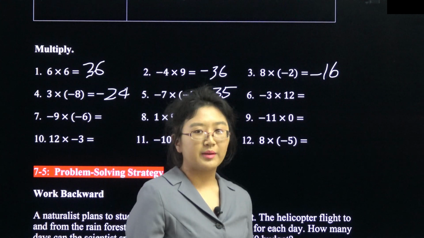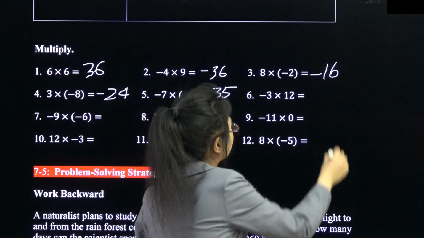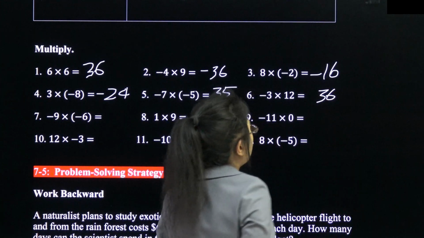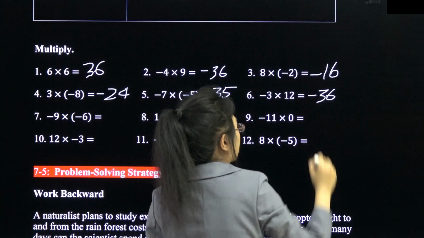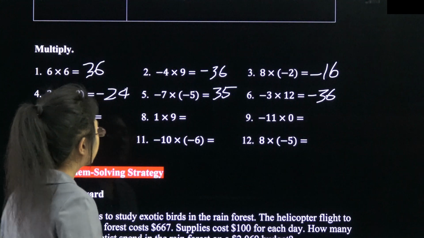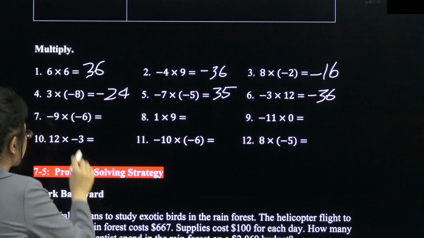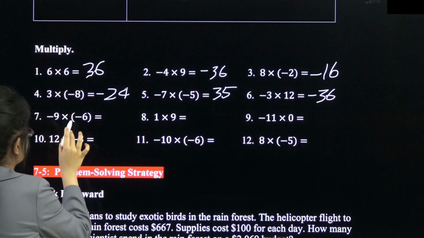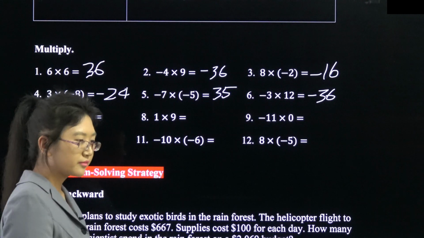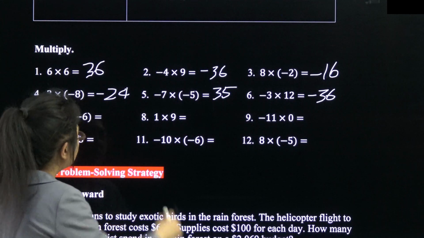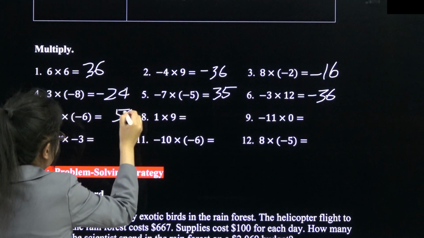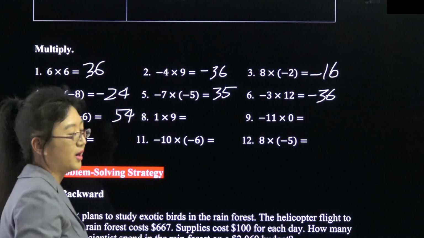Negative 3 times 12. 3 times 12 is 36, but it's negative 3 and positive 12, so different signs mean negative. Negative 9 times negative 6. Well, 9 times 6, 54. And they're both negative, so it's just going to be positive.